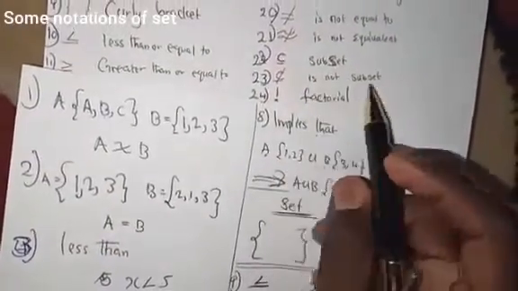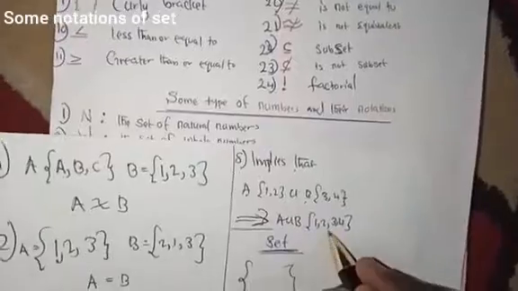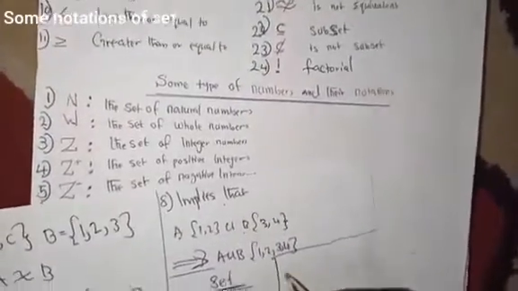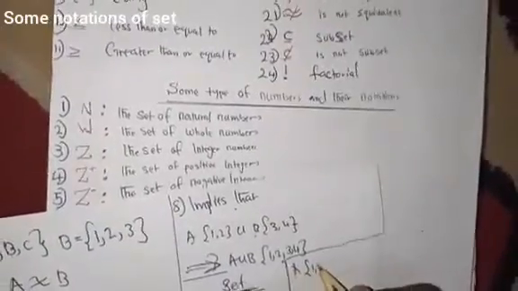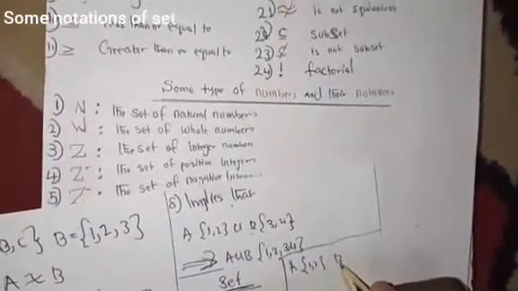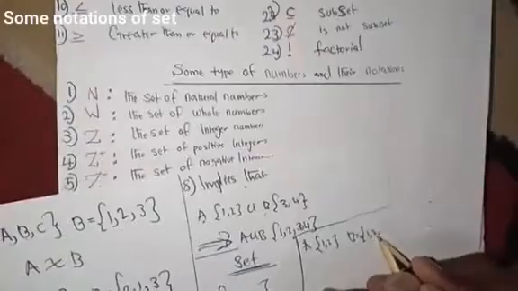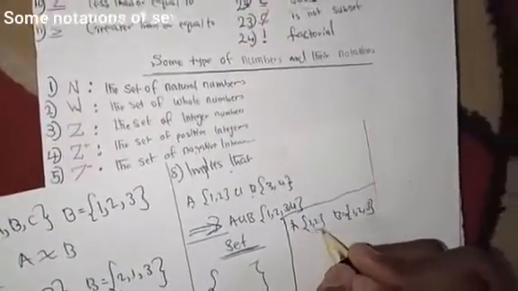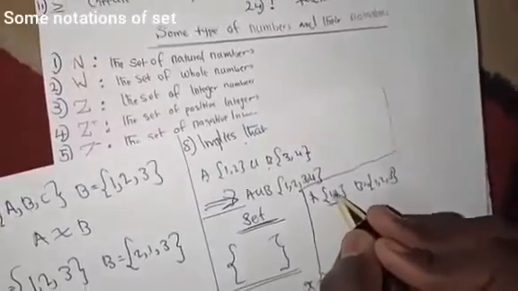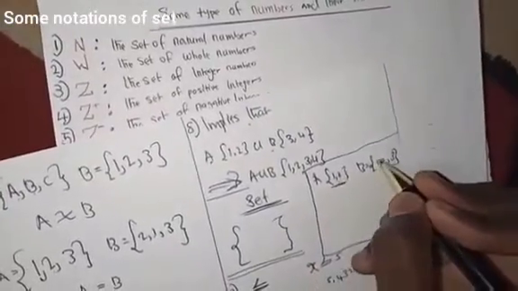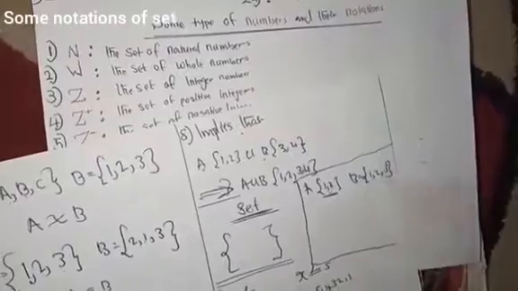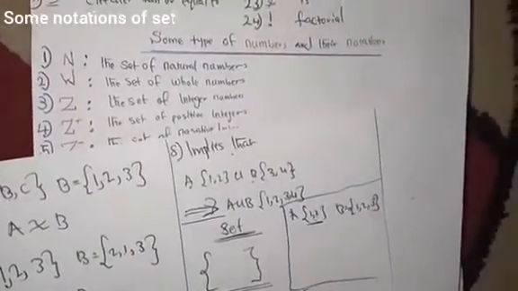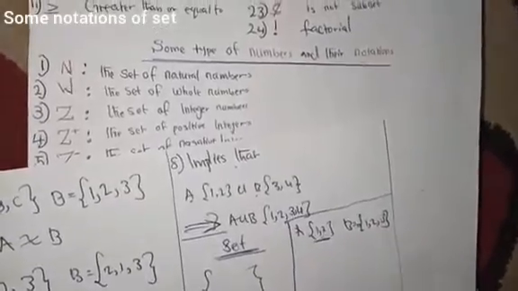Subset and not subset. If we say subset, we are simply referring to the subset of a particular set. For example, if A has elements 1, 2, and B has elements 1, 2, 3, it is definitely true that A is a subset of B, because the elements we have in set A are elements of set B. For a set to be a subset of the other, it must contain elements that are present in the other set.